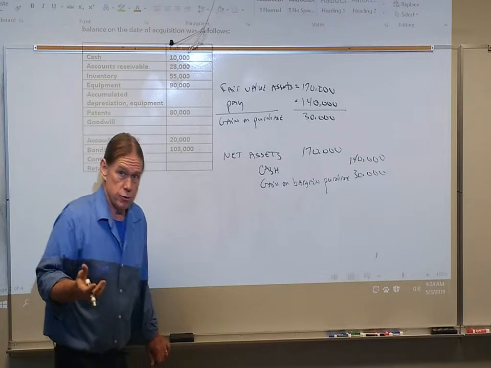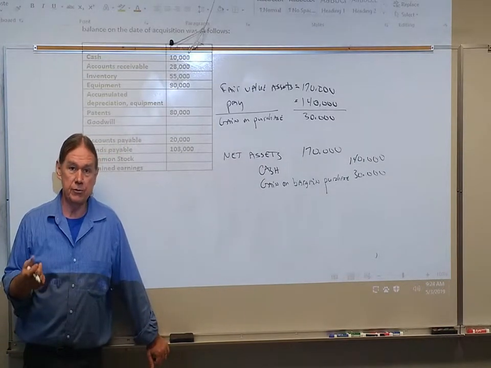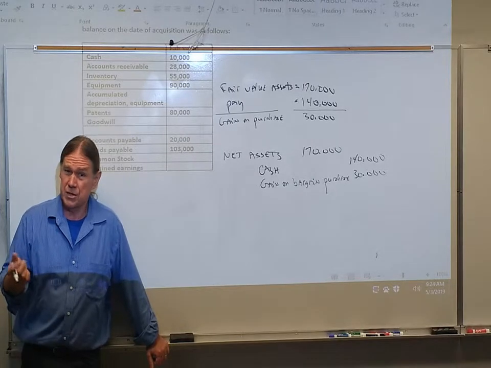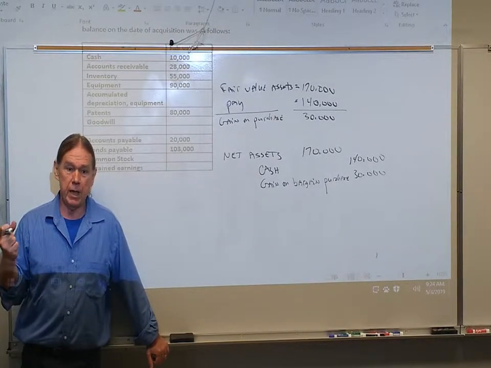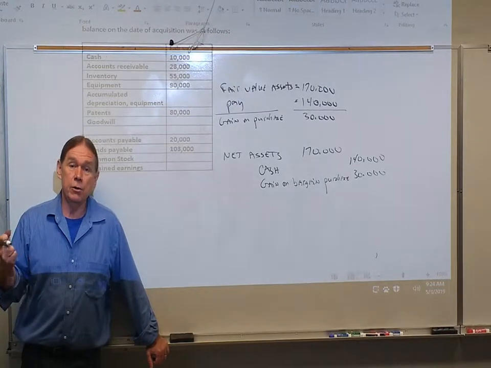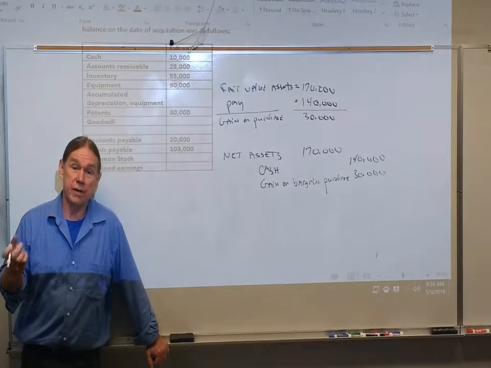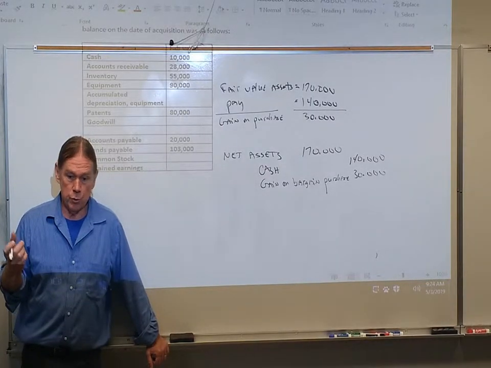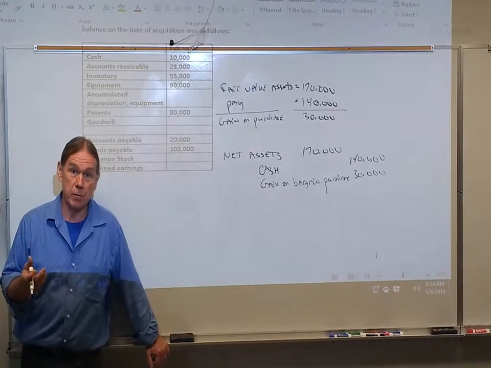Again, this should be an extraordinarily rare occurrence. If you do find yourself looking at a situation where it looks like there's a gain on the bargain purchase, you really need to be careful and confirm that all of those asset fair values and liability fair values that you determined are in fact accurate. You need to be sure that there aren't any undisclosed liabilities which might have reduced the market value of the firm.